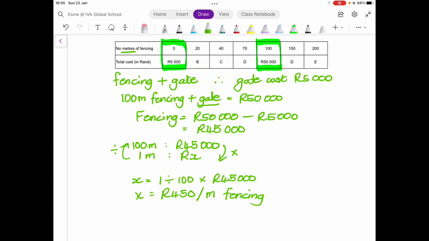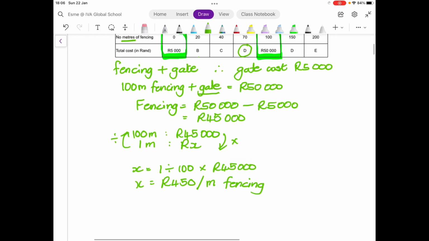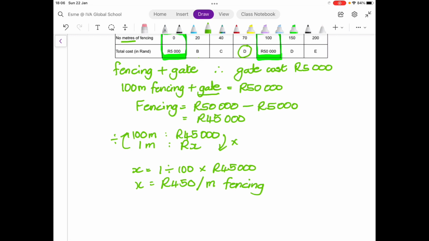Once you've worked that out, you can then find the values that are missing. So let's have a look at what 70 meters of fencing will cost. 70 meters equals D. Now I know I can set up an equation.